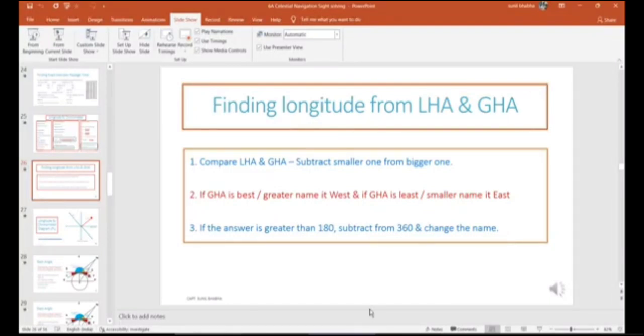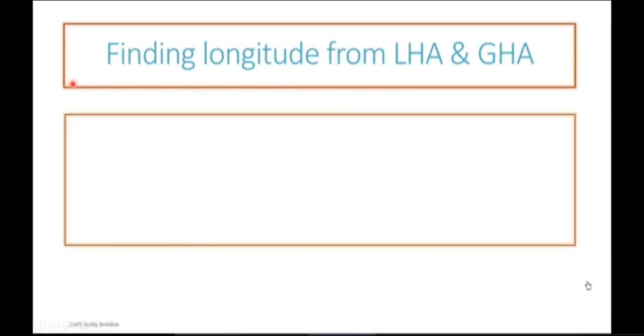Now, before I go ahead, let me show you the azimuth formula first. How to compare the LHA and GHA to obtain the longitude in this question. I told you in this question that we get the value of P from the formula which gives us the LHA.